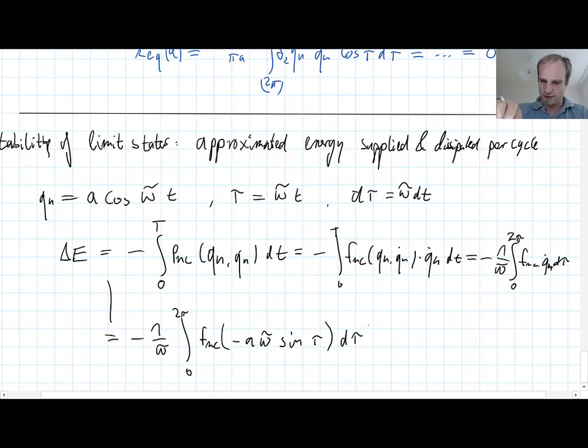Now I recognize that essentially a omega tilde, this is constant over a period, so this is really something related to the Fourier coefficient, right, of this non-conservative force.